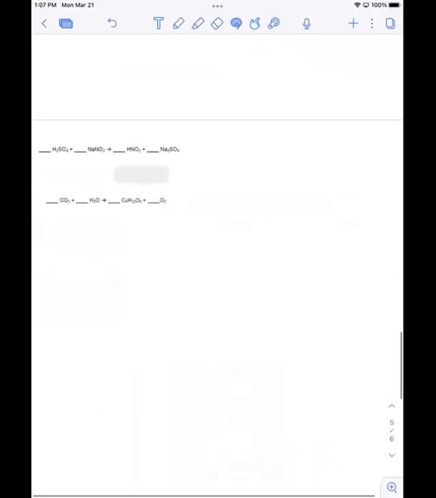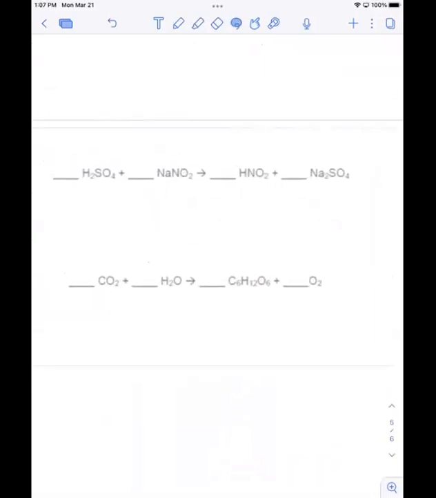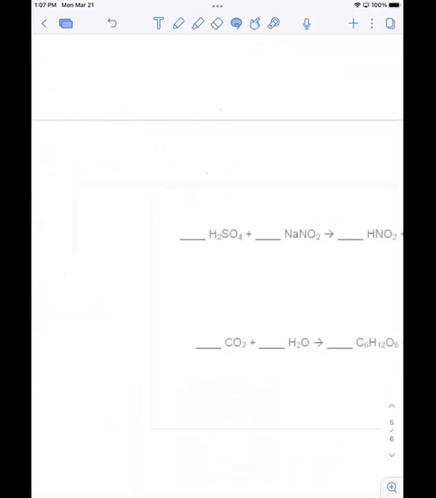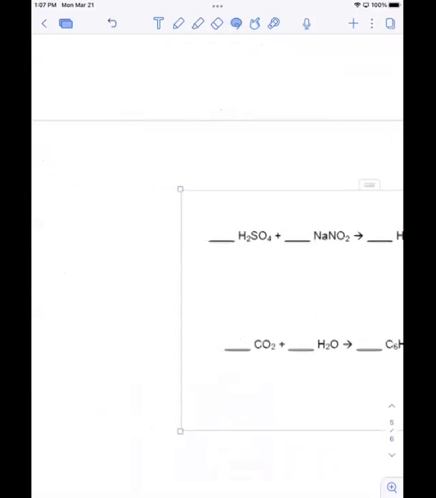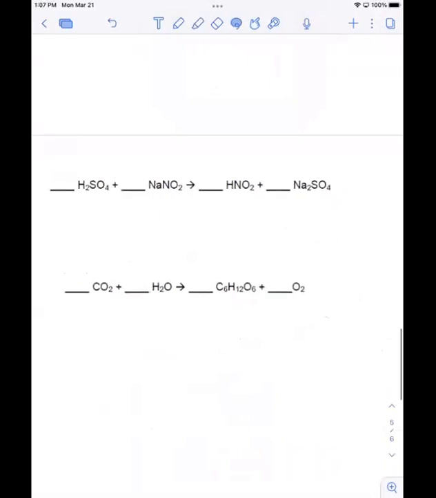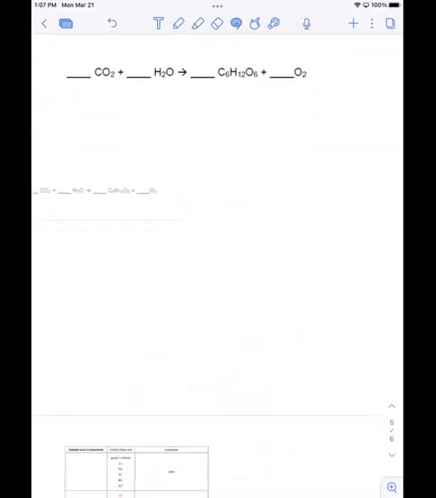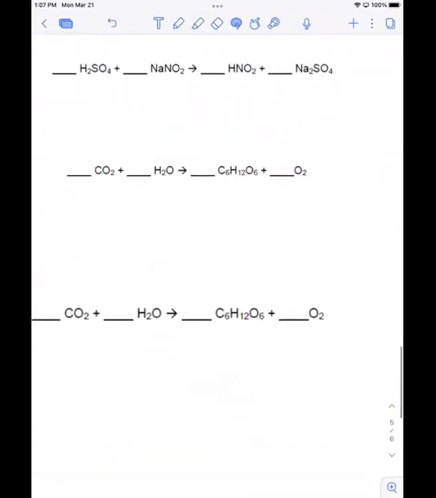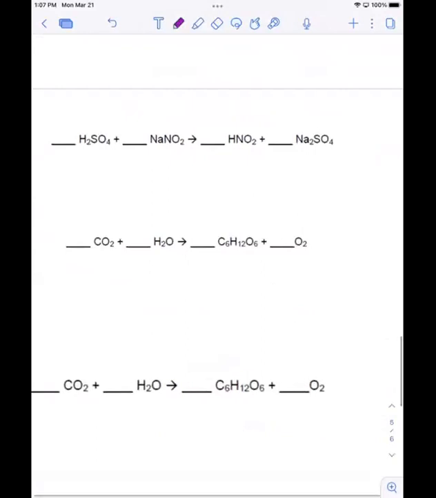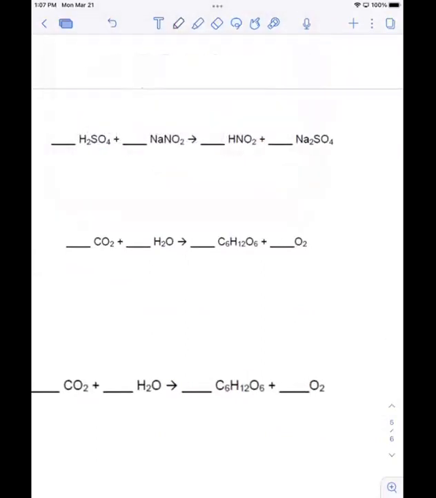All right. So let's work on this top problem right quick. And we're going to balance it.